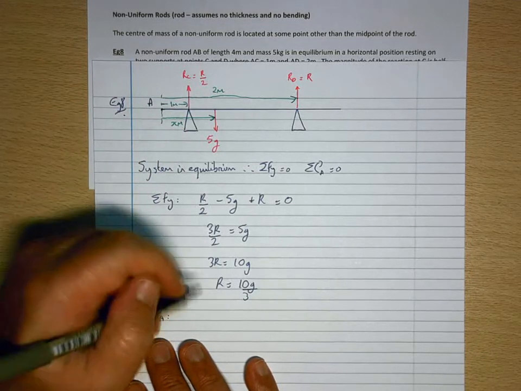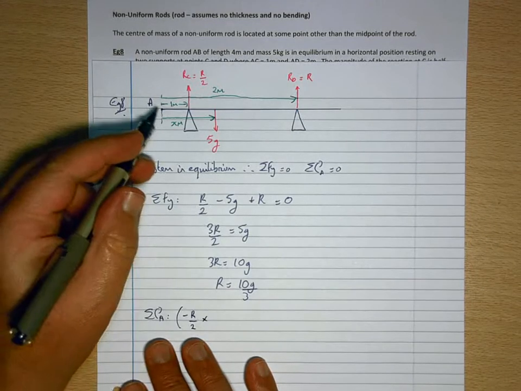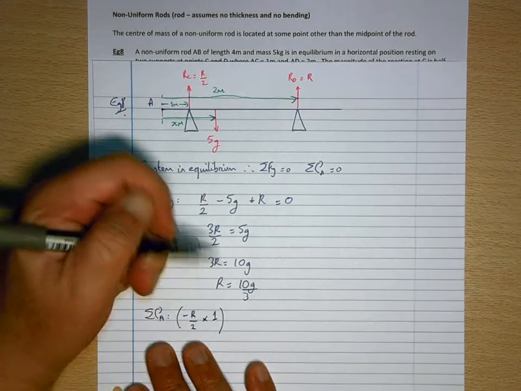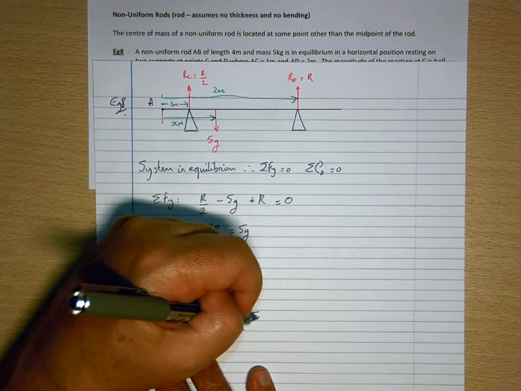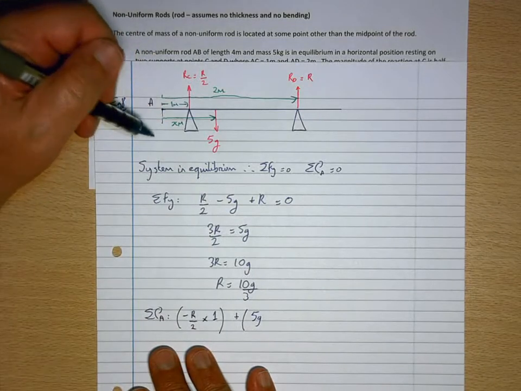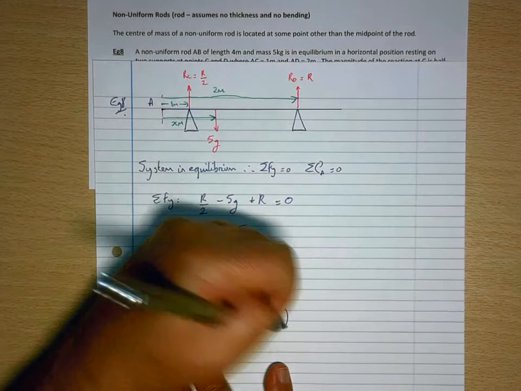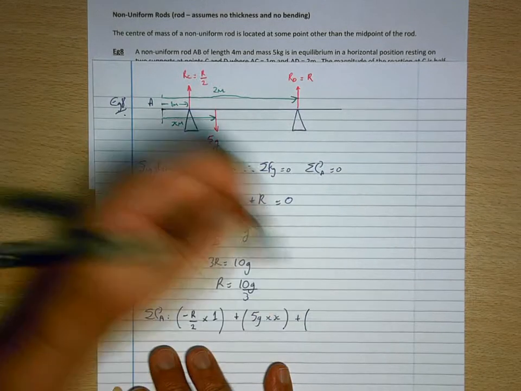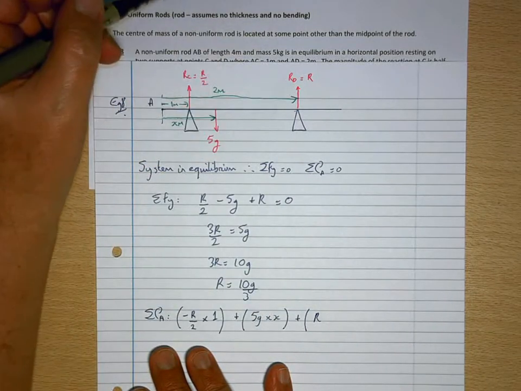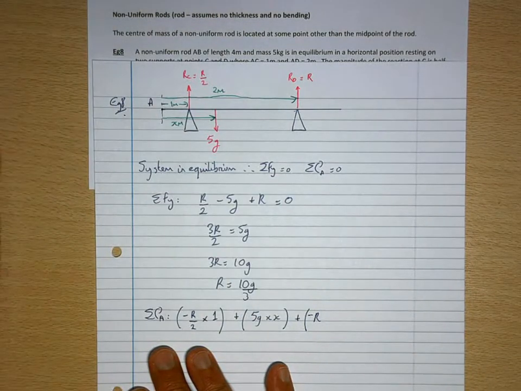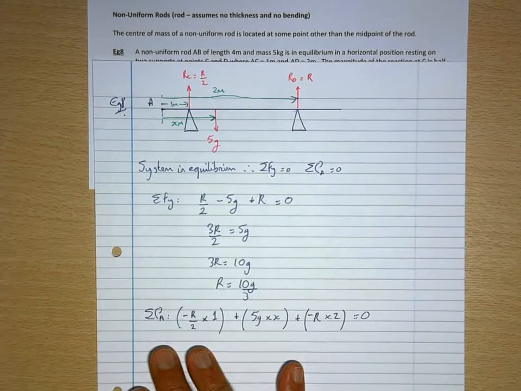So I've got minus R over 2 times 1, plus the 5g force, which is trying to turn it clockwise, so that's positive, times x, plus R, which is trying to turn it anti-clockwise, so it's negative, times 2, equals 0.